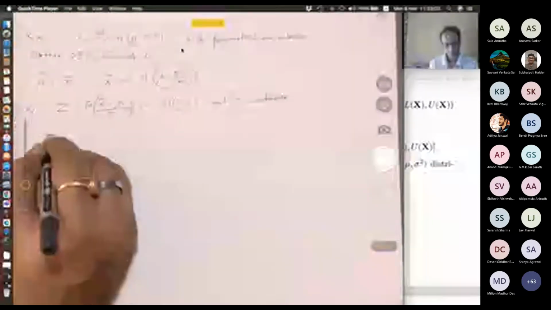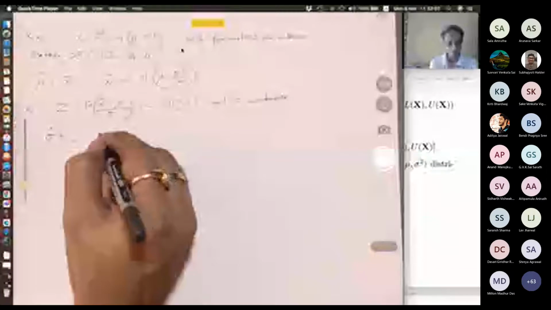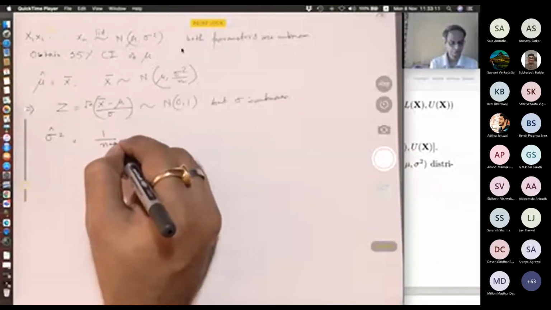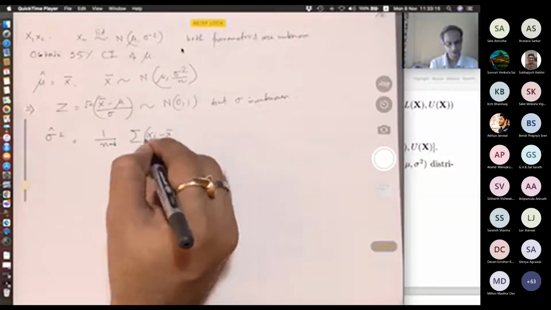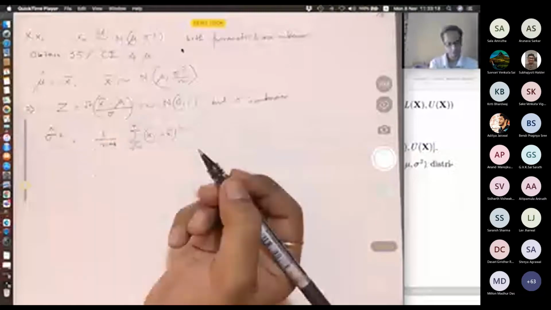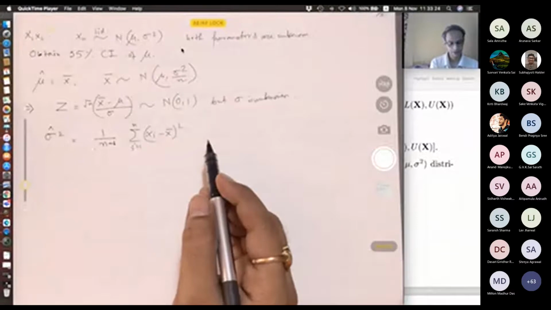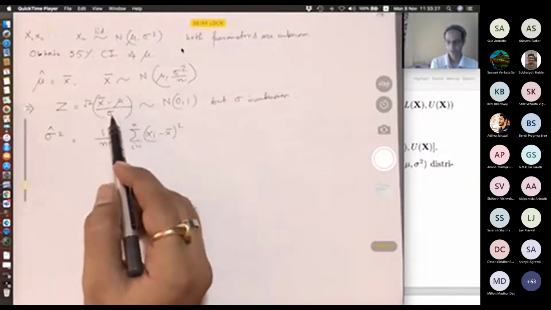So sigma square hat equals 1 upon n minus 1, sum over xi minus x bar whole square, i running from 1 to n. Is it okay? Now we can plug in the value of sigma here.